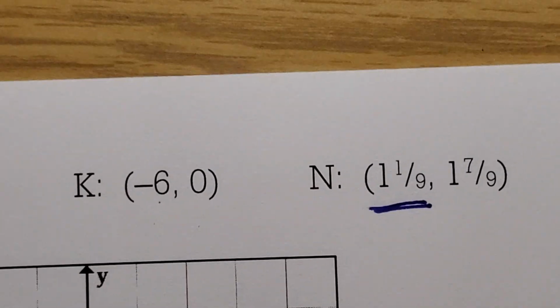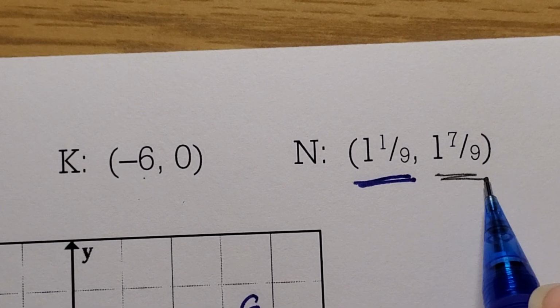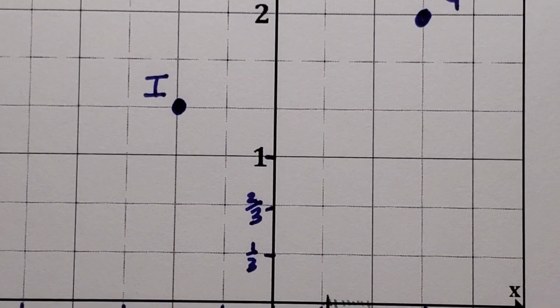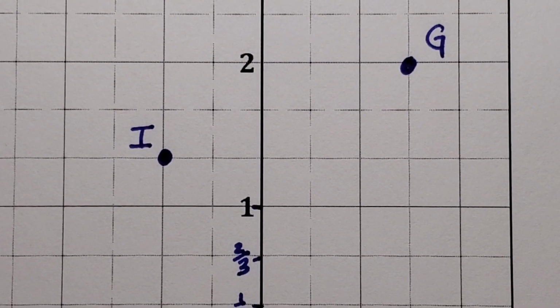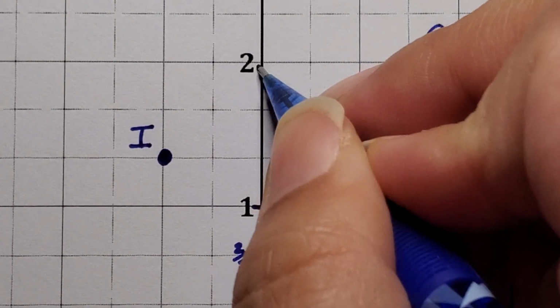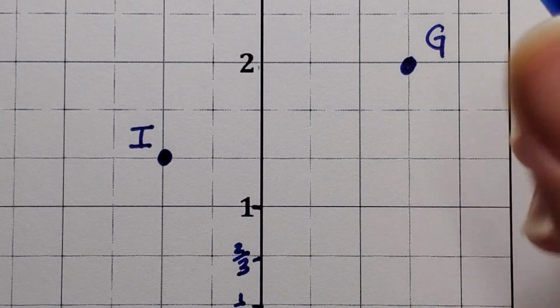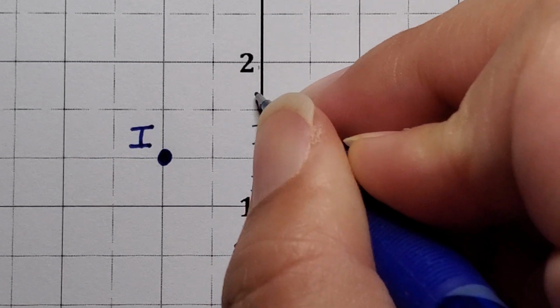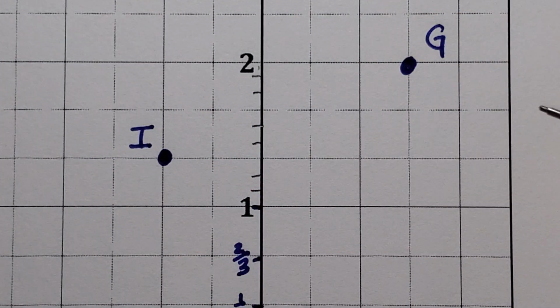The y value was 1 7/9. So I'm going to go to my y-axis and I'm going to go from 1 to 2 and split that up into 9 equal-sized pieces. Now these are a little bit bigger because I'm going all the way up to 2.